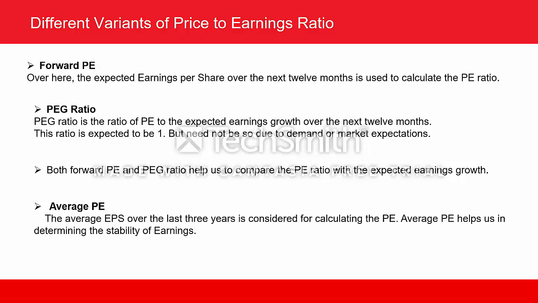So in this case, taking the average EPS over the last 3 years, or say over the last 5 years, helps give a better picture of the PE ratio of the company, especially when the earnings are volatile. So it's like you control for stability in earnings. That way it gives you another perspective to look at the company's valuations.